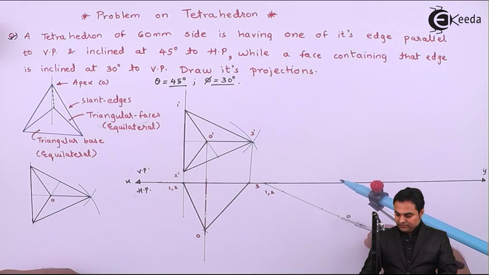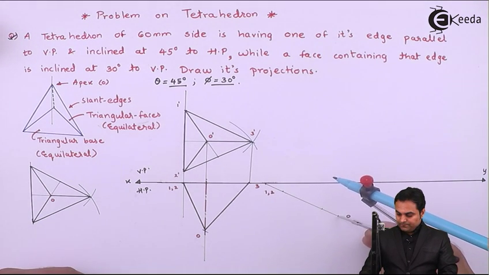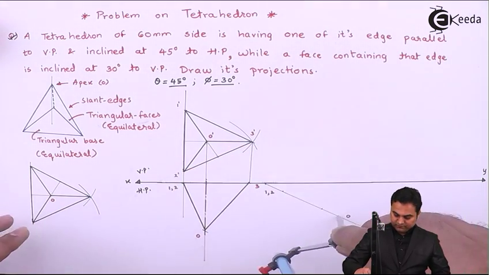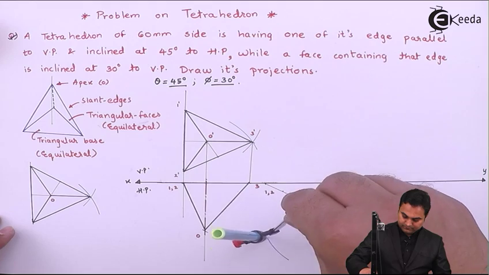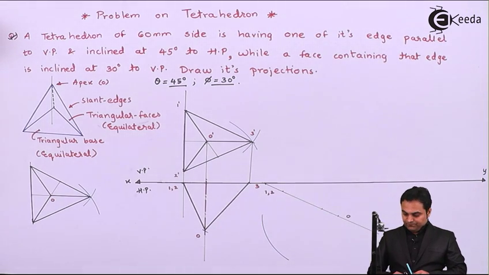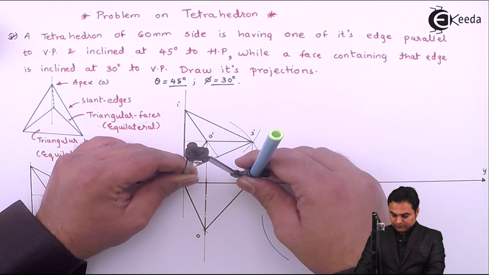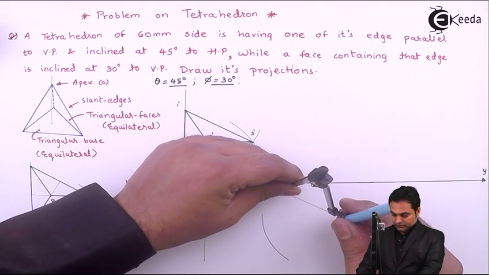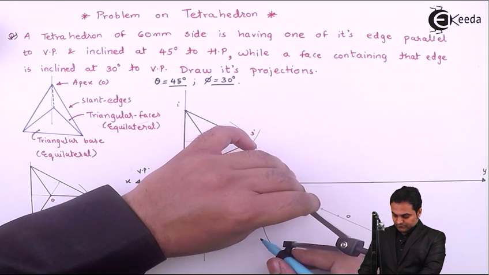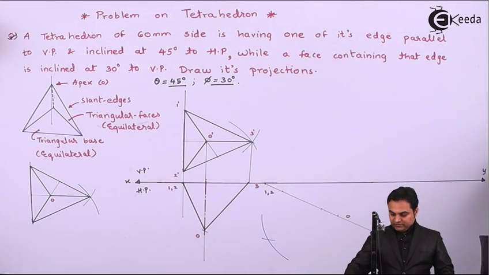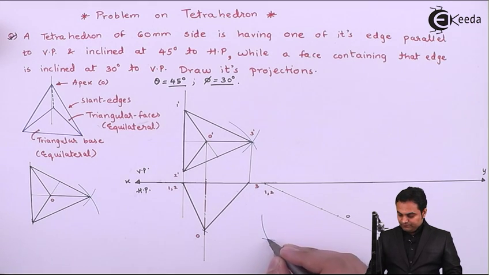And drawing a light arc from this apex, then measuring the base from 1 to 2 up to point 3, cutting it. So here I get that inclined tetrahedron.